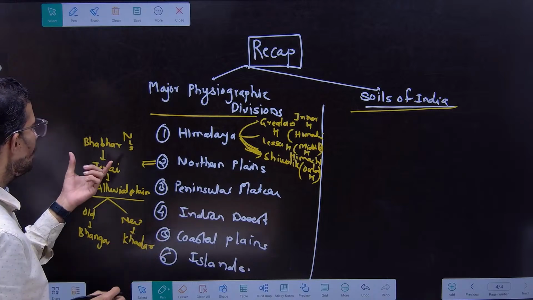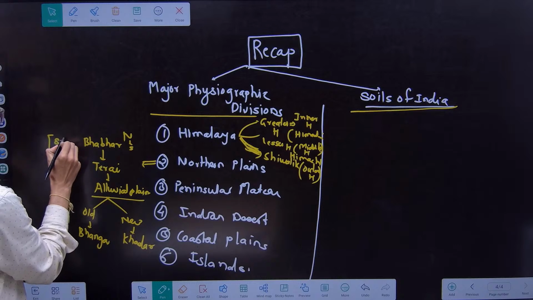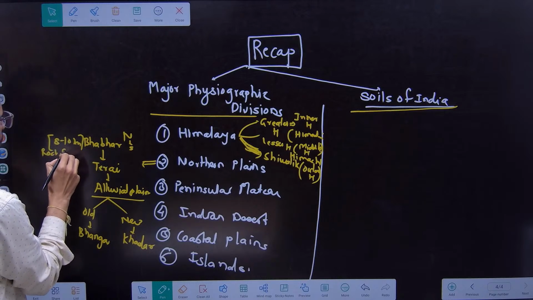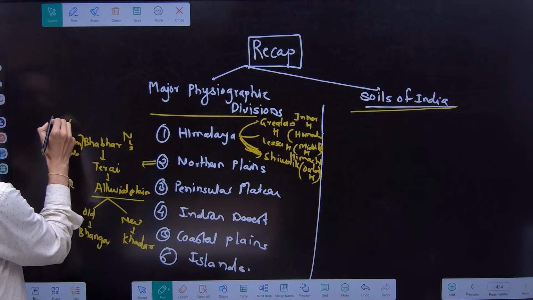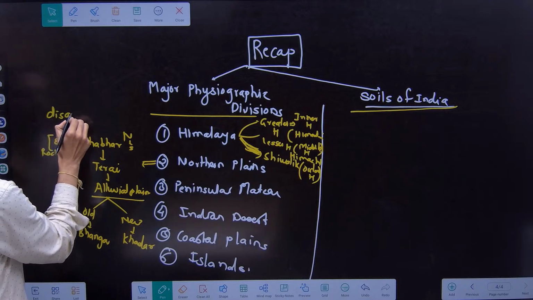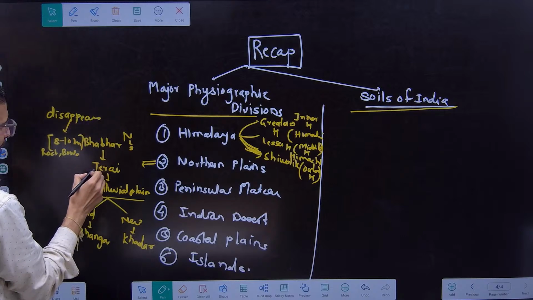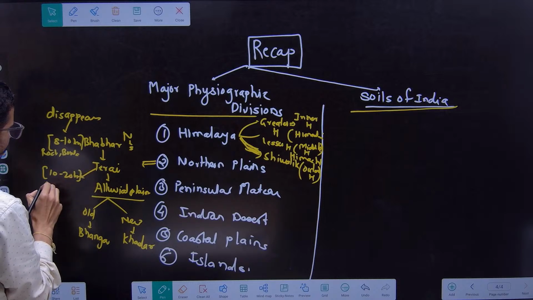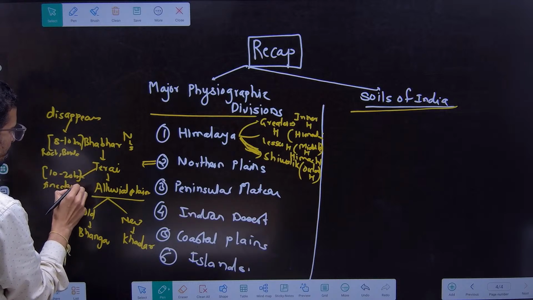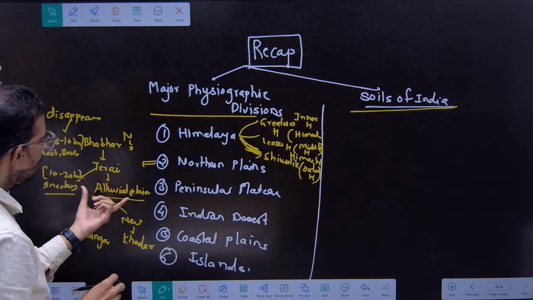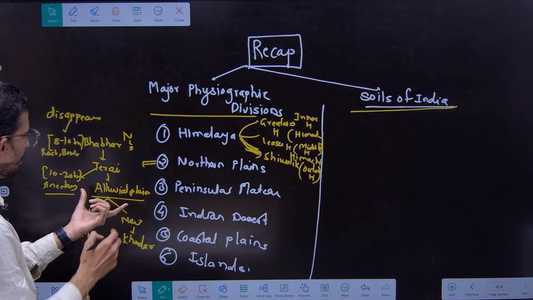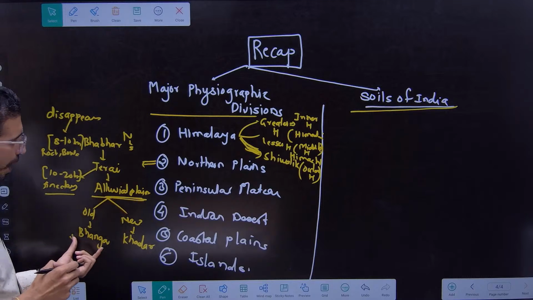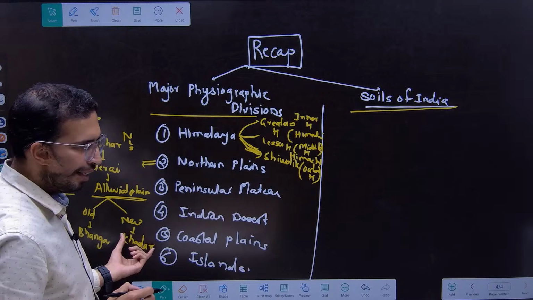Bhabar has an 8 to 10 kilometer stretch, mostly rock boulders, where the stream disappears. In Tarai region, 10 to 20 kilometer, fine clay appears. Then refined soil or deposits are deposited here. The old one is the Bhangar, the new one is the Khadar.